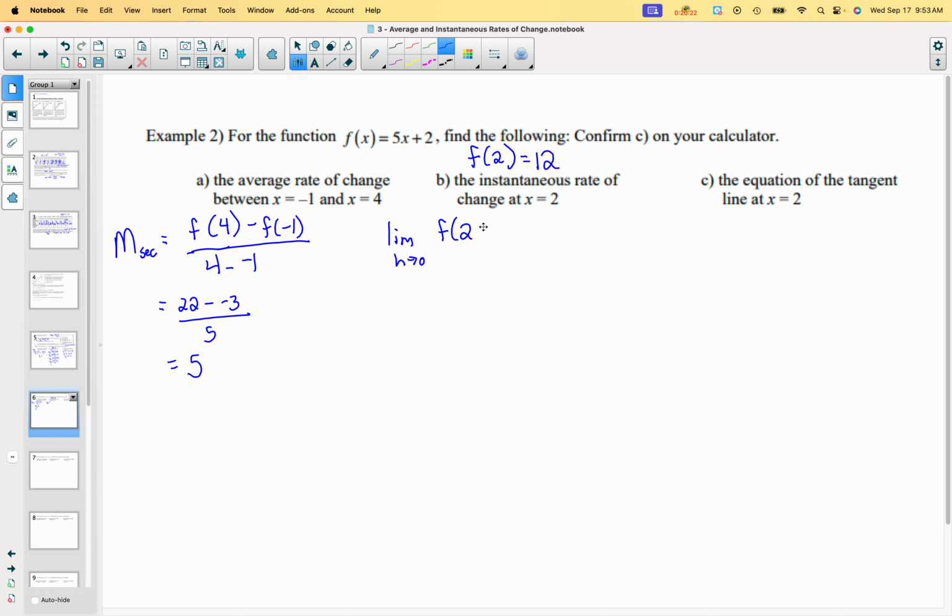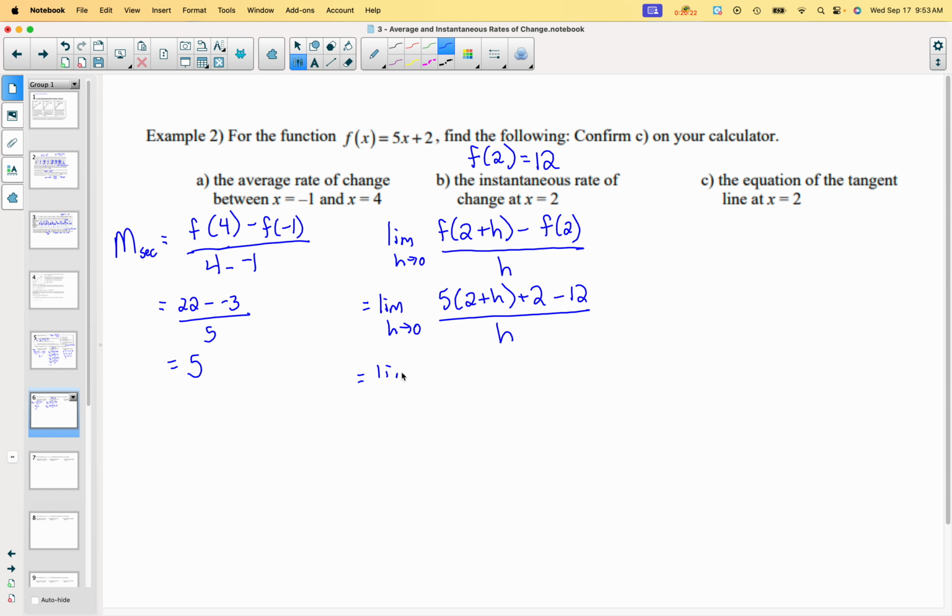Of f of 2 plus h instead of x plus h minus f of 2 all over h. So then we have to put a 2 plus h where the x is. So I get the limit as h approaches 0 of 5 times 2 plus h plus 2. And then we have minus f of 2, which we've already found was 12, all over h.